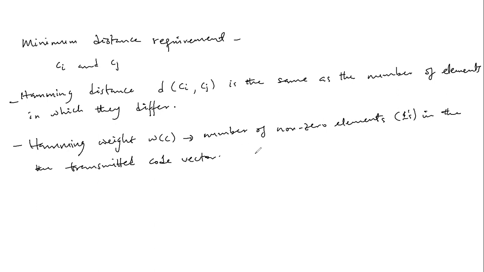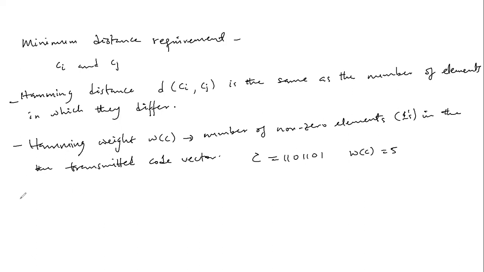So let's assume we have a code word equal to 11011101, and the weight will be 1, 2, 3, 4, 5. We have 5 ones. So the Hamming weight will be the number of non-zero elements in the code word, which is 5.